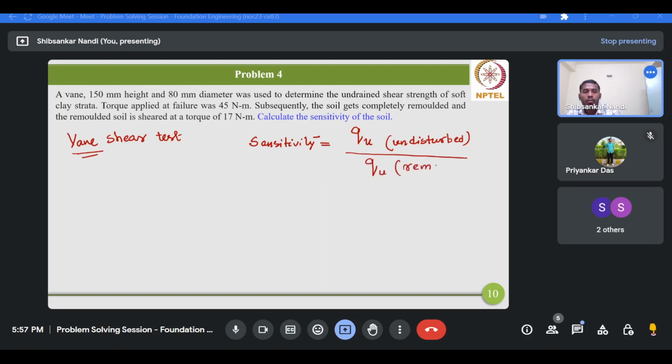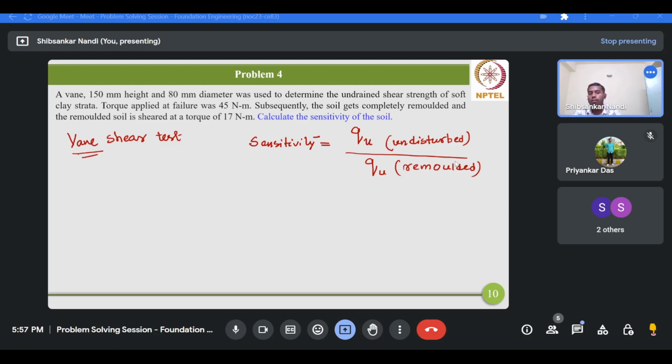Okay. Sensitivity is basically giving an idea of loss in strength due to remolding.